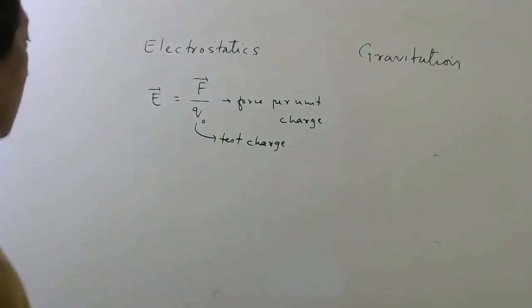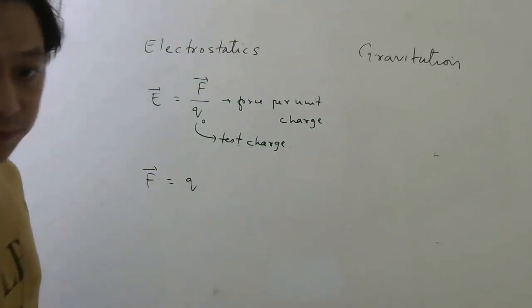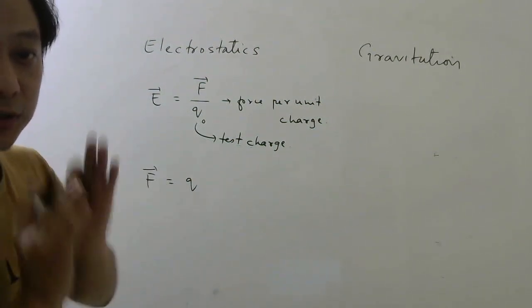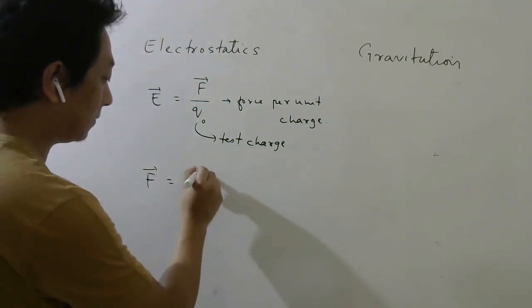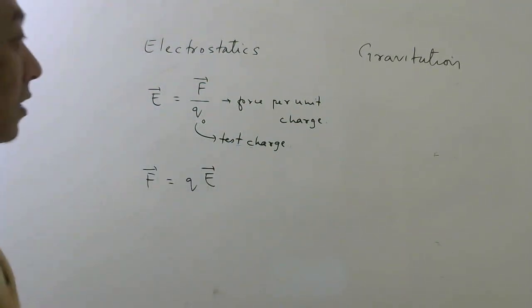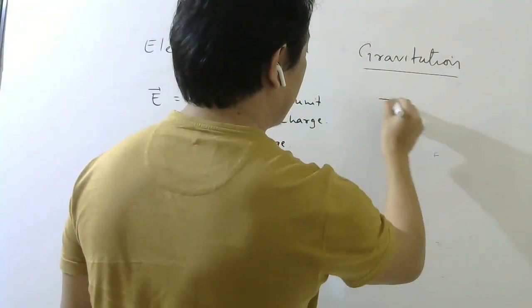Which means if I want to find force on some other charge q, assuming the distribution of the source charge is not changed, then my force will be q into E. Right? Similarly, in gravitation, you can define something called gravitational field.